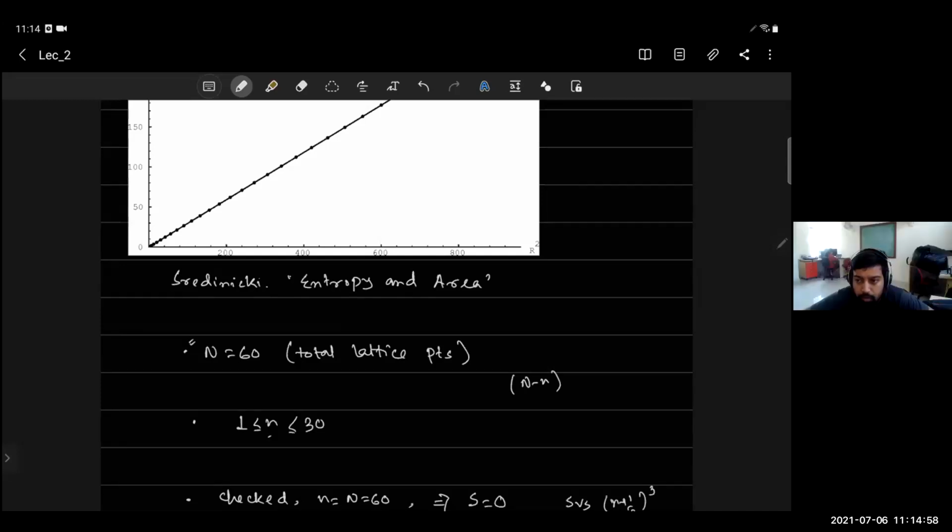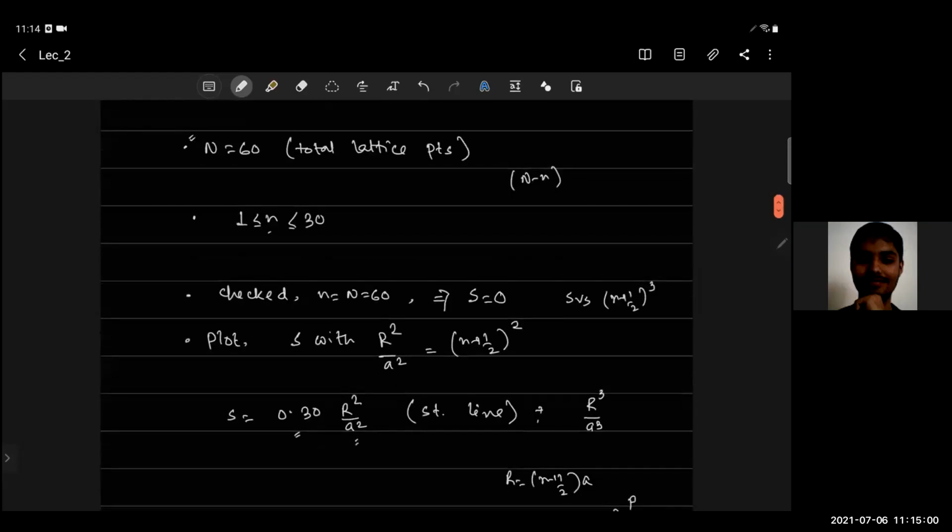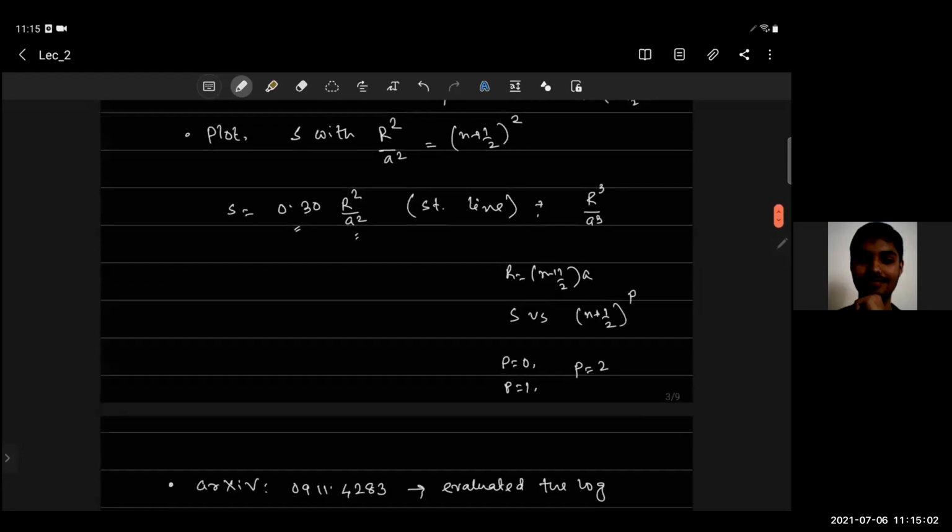Buddhaditya has a question. When you're plotting this against other higher powers of n plus half, you won't be getting a straight line, right? So what do you mean by a slope here? If you plot S versus n plus half to the power P, you would still get a straight line, right? Okay, I see.